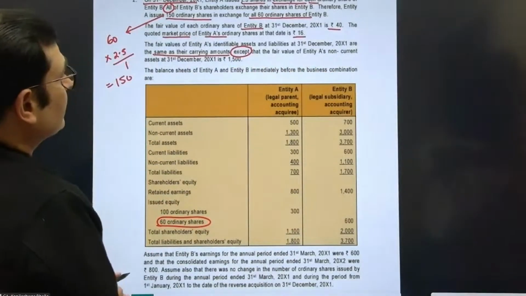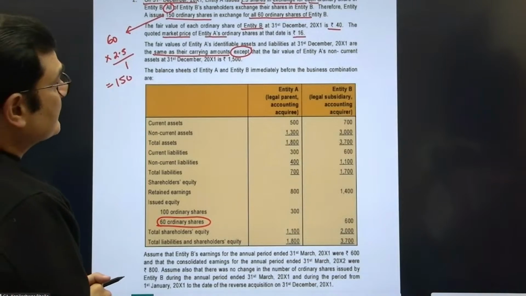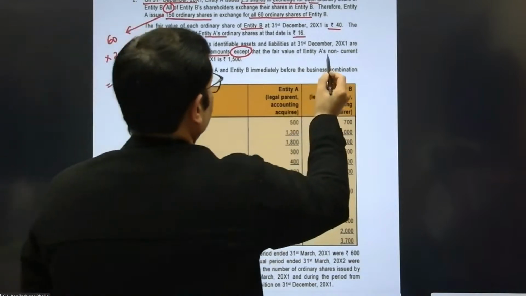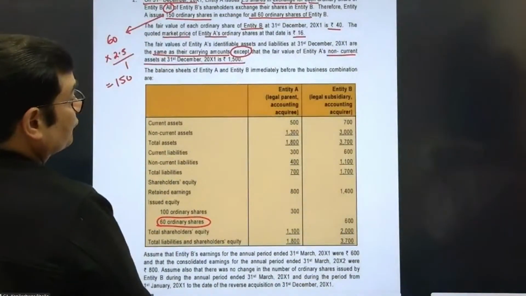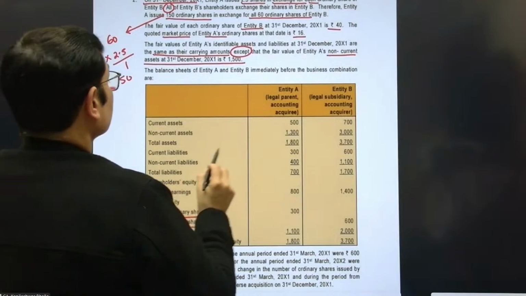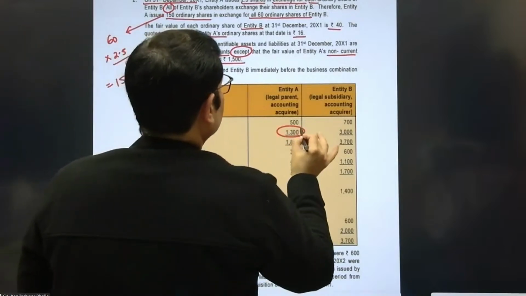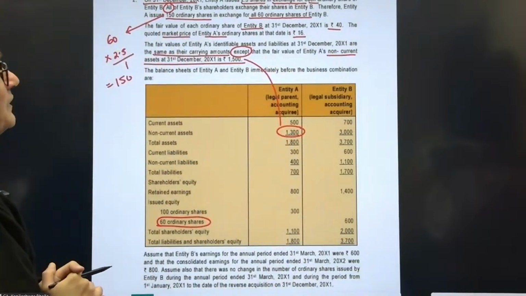So all the assets and liabilities have a carrying amount equal to the fair value, except the non-current assets, whose fair value is given as 1500. If you look at the balance sheet of company A, you can see the non-current assets appearing at a book value of 1300, whereas the fair value is 1500.